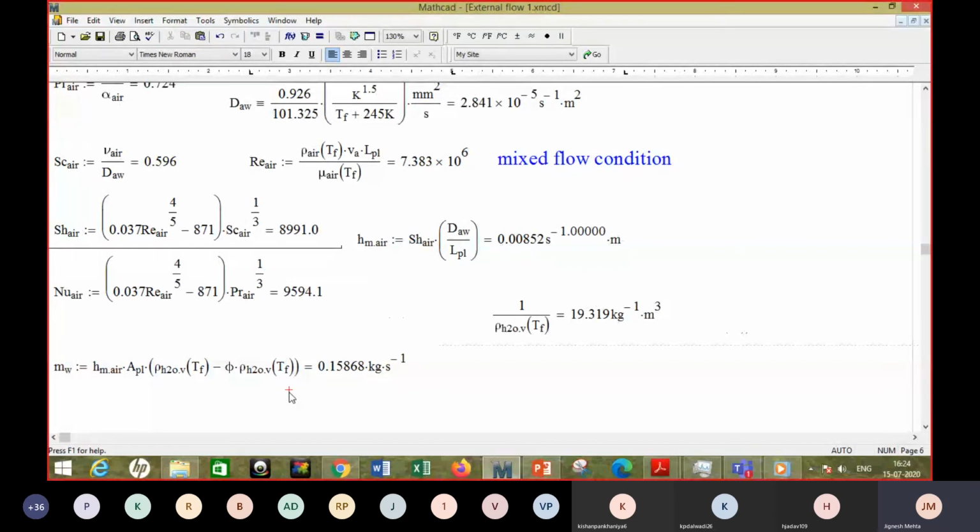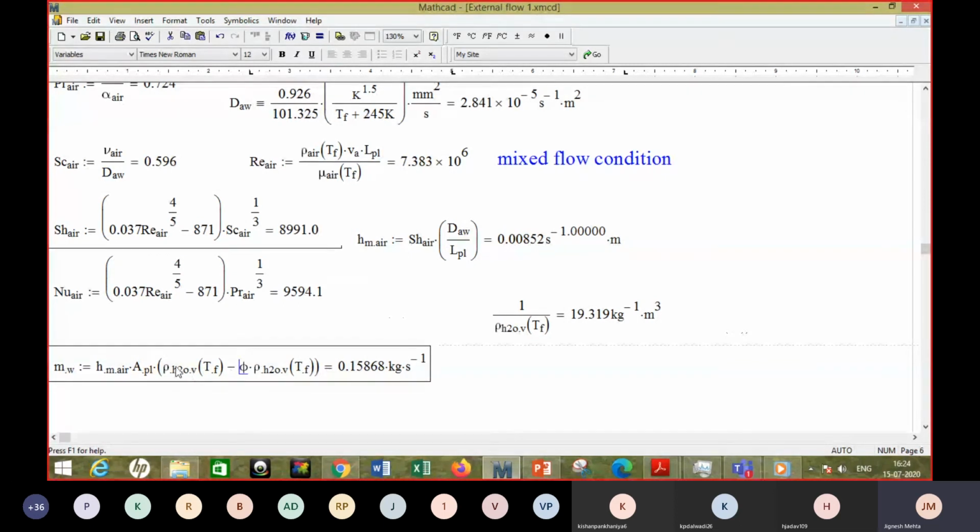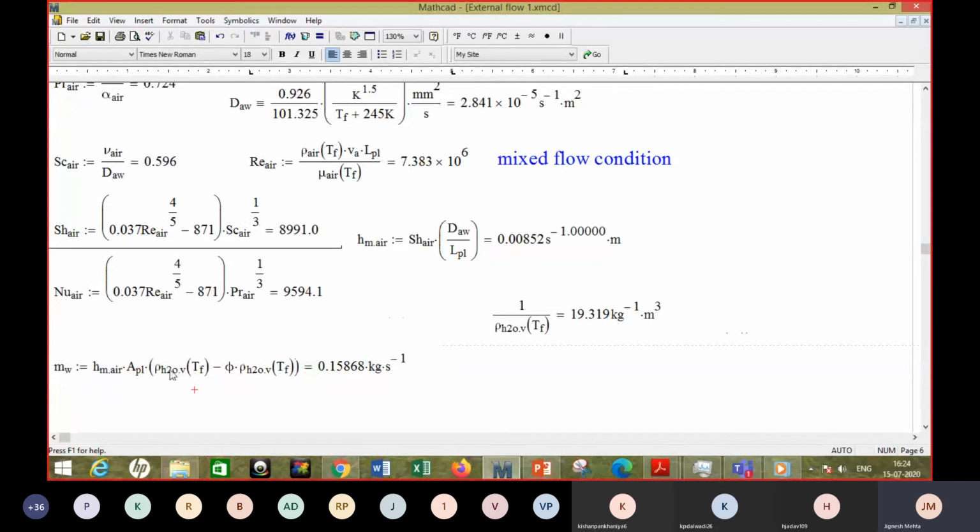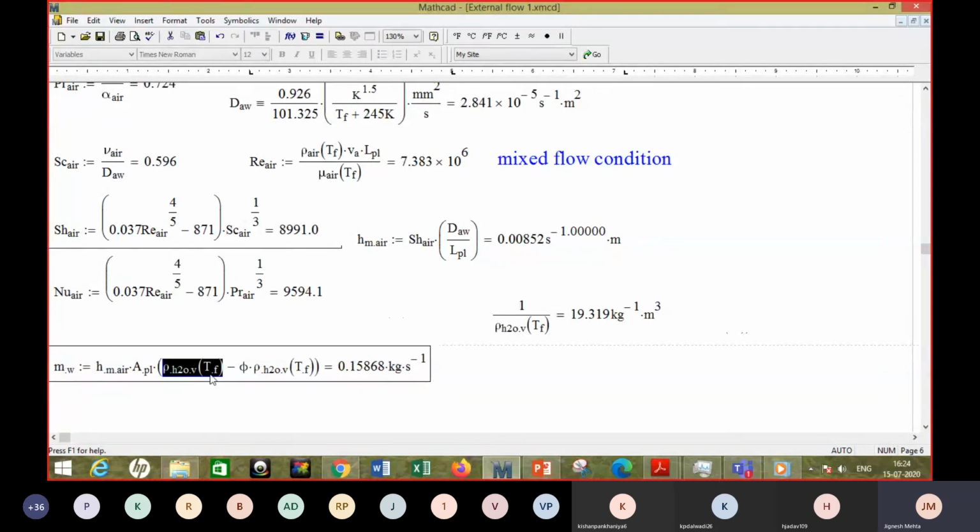So there will be mass transfer from the very first layer which is saturated with water vapor into the direction perpendicular to the water surface, right? So now if you assume the air to be an ideal gas, then the difference between the free stream and the layer which is saturated is this.